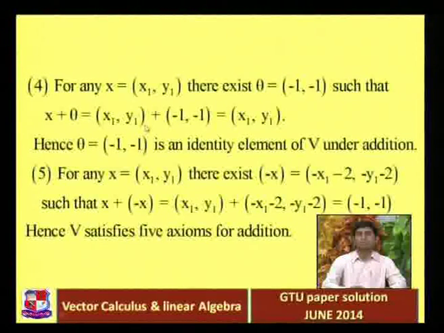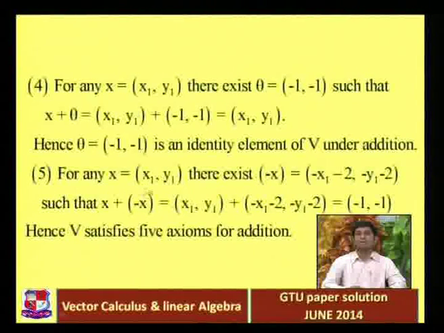So you will get x1 - 1 + 1, you will get x1, and then y1 - 1 + 1, you will get y1. So hence theta = (-1, -1) is an identity element of V under the addition.